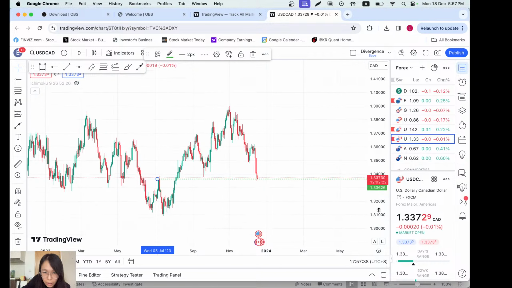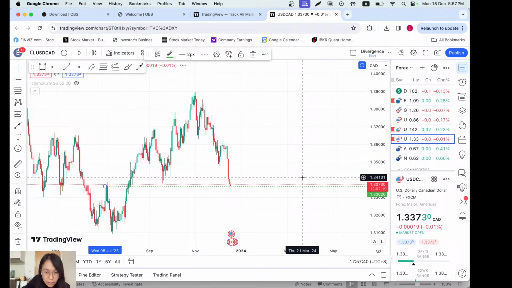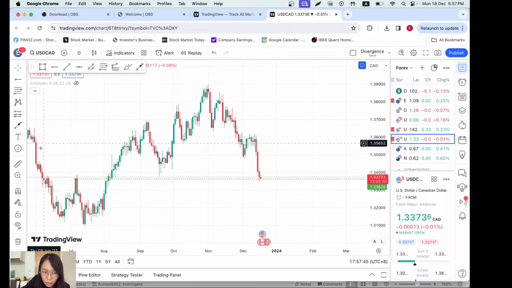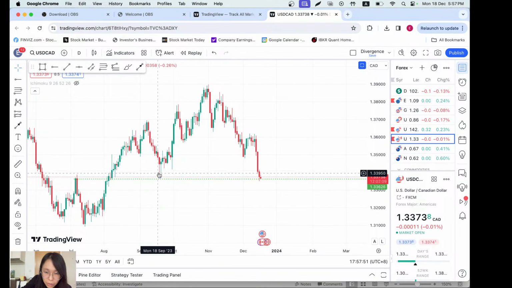The current price is actually touching the immediate support. There's a pullback, it goes all the way up, nearly bounced off this support line, and now it's breaching the first support line, the immediate support line here.